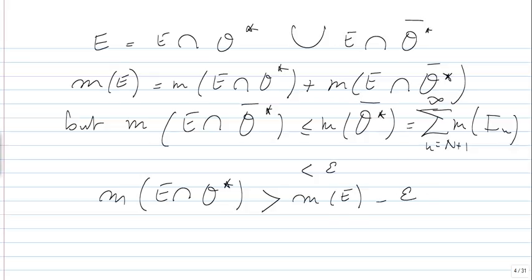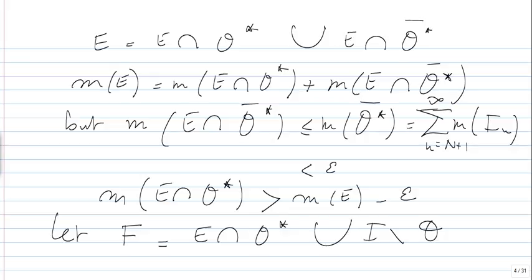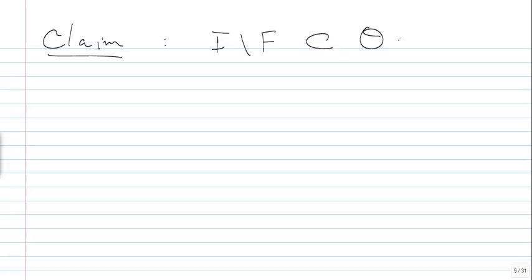Great. So now let F, the subset we are looking for, be E intersect O star union I minus O, because we want to stay in I. So we add I minus O. Now we claim, in fact, that I minus F, because F is a subset of I, is included in O minus E intersect O star.